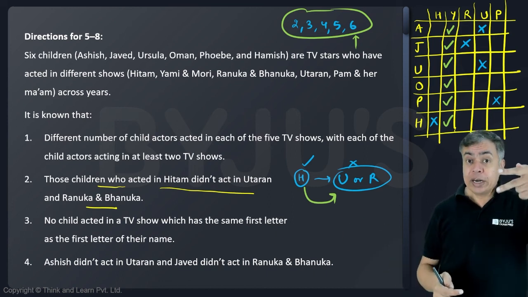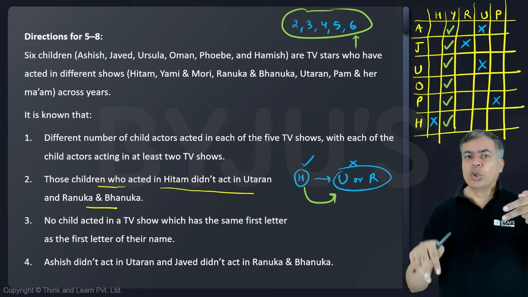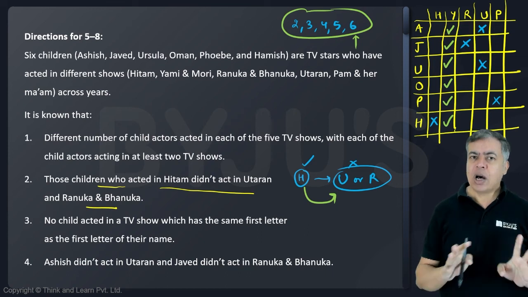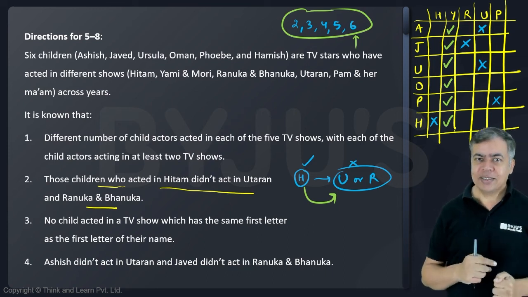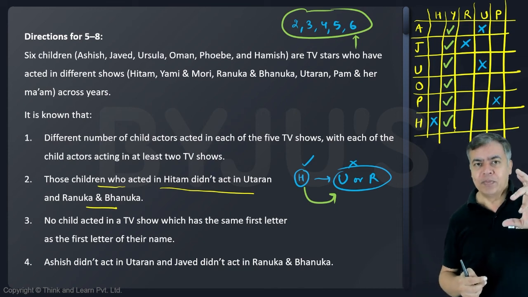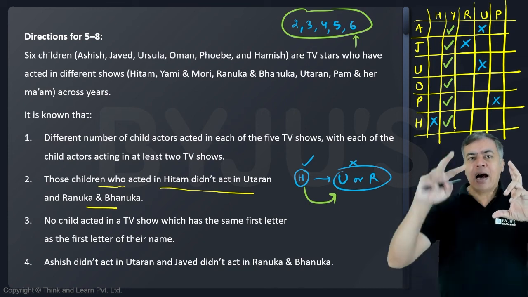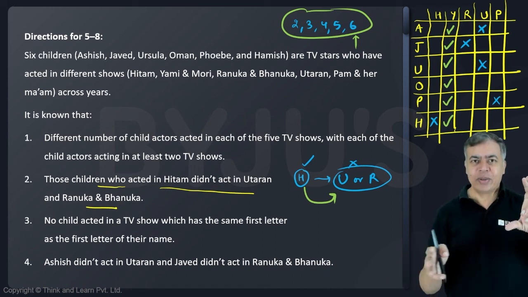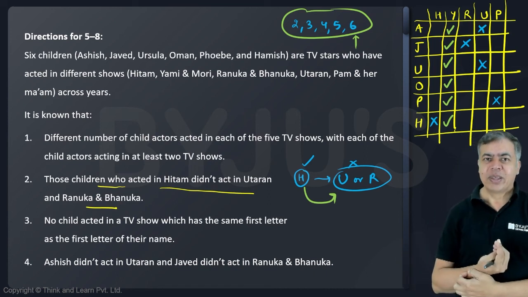So if you take 2, then 2 in R and 2 in U will be cancelled. So R and U cannot have 5 actors, and 5 in H is also not possible. If you take 5 in H, R and U will be left with only 1, because R and U cannot be there.